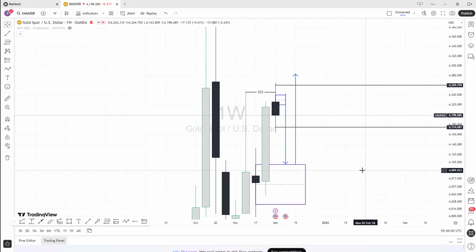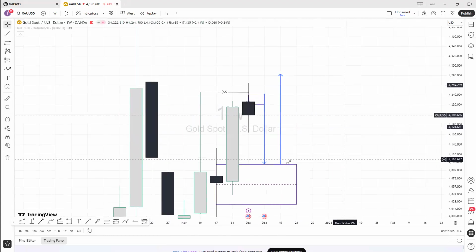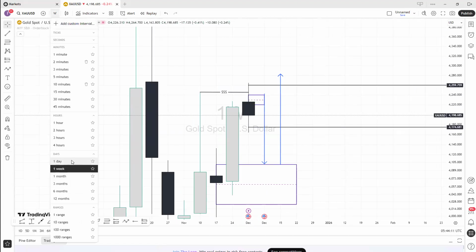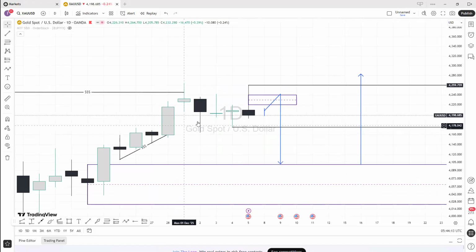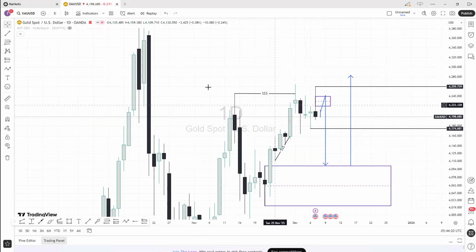Like 90%. The bias is bearish for next week on gold, because on the weekly time frame the bias is bearish, and also on the daily the bias is bearish.